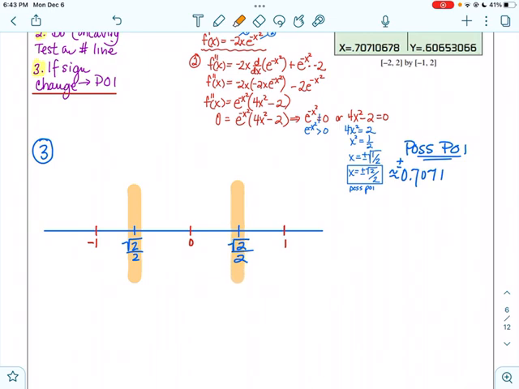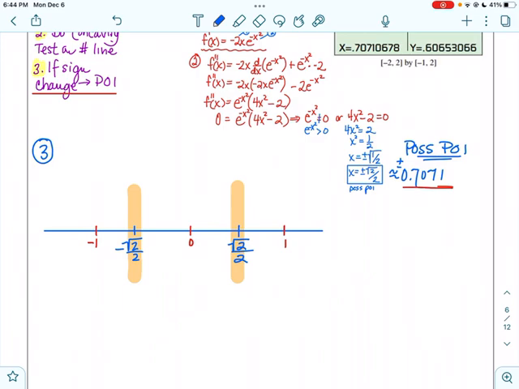When I test on the number line using negative 1, 0, and 1, it's because using 0.7071, I can say that 0 occurs between negative root 2 over 2 and root 2 over 2, negative 1 is to the left, and 1 is to the right of the respective negative root 2 over 2 and root 2 over 2.